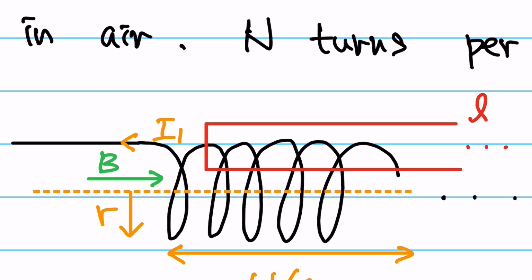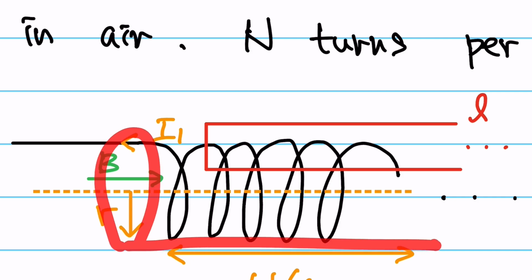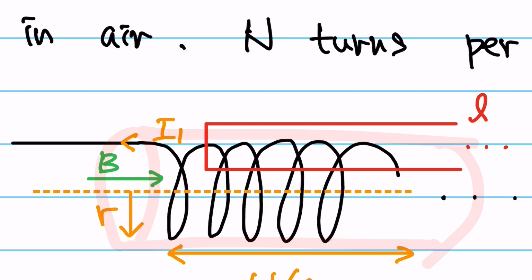If you think about a cylinder tilted 90 degrees, this is going to be your cylinder, right? In that case, the B field is going to be in exact alignment with the z-axis direction.